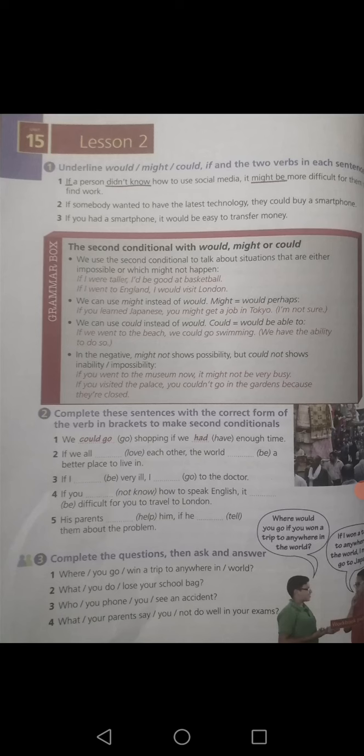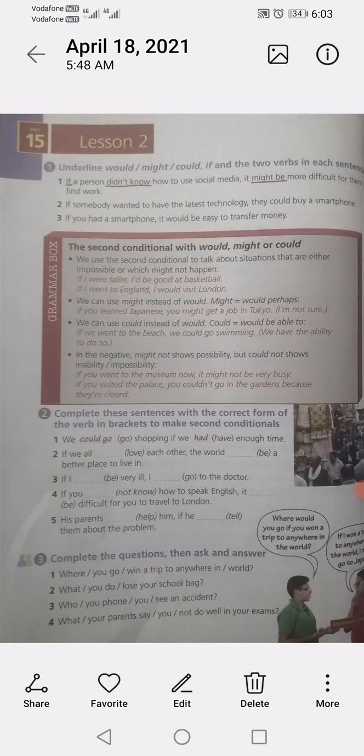Okay. Exercise number 2. Complete the sentences with the correct form of the verb in brackets to make second conditionals. Let's read the example number 1. We could go shopping if we had enough time. Okay, I'll give you 1 minute to answer the rest.